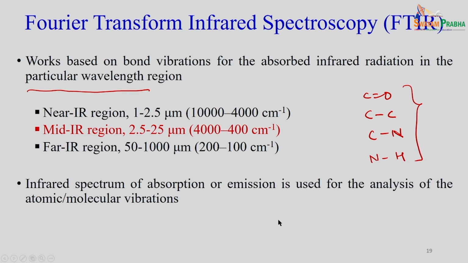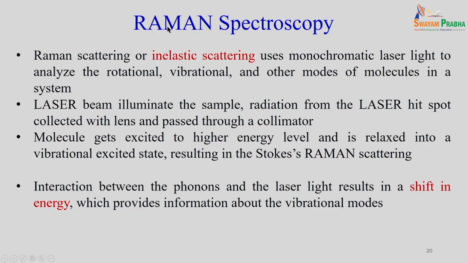Apart from the FTIR spectra we also use scattering, that is the inelastic scattering, or Raman spectroscopy. It uses a monochromatic laser as the light source. It again analyzes the rotational, vibrational and other modes of molecules in a system.